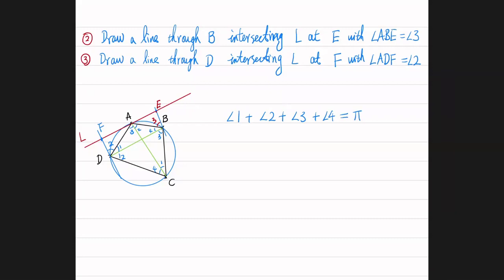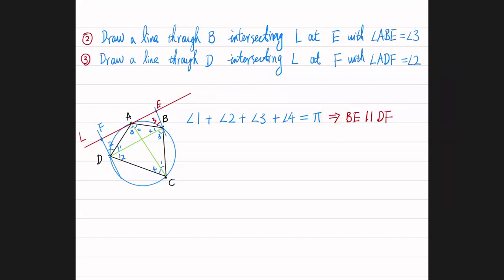I wanted to claim BE is parallel to DF. Can some of you tell me why?